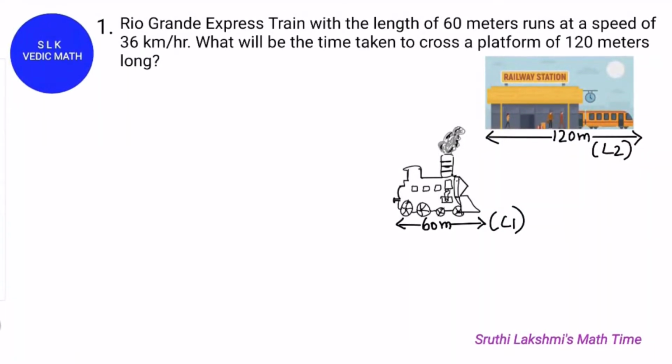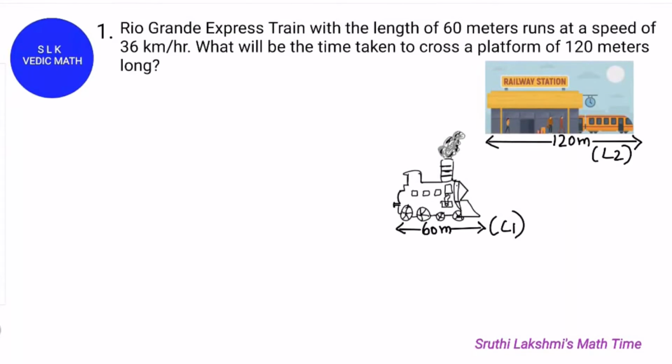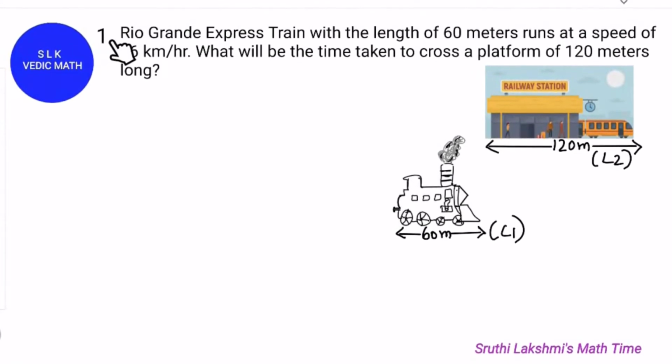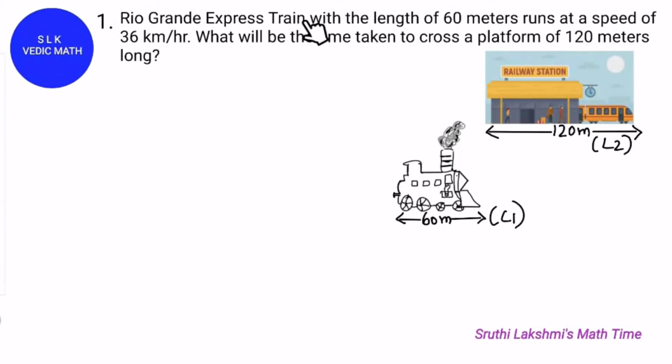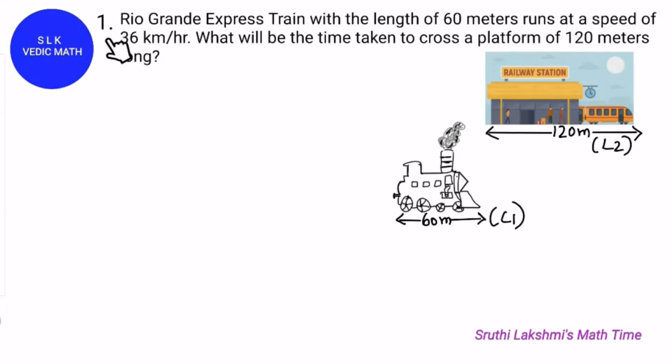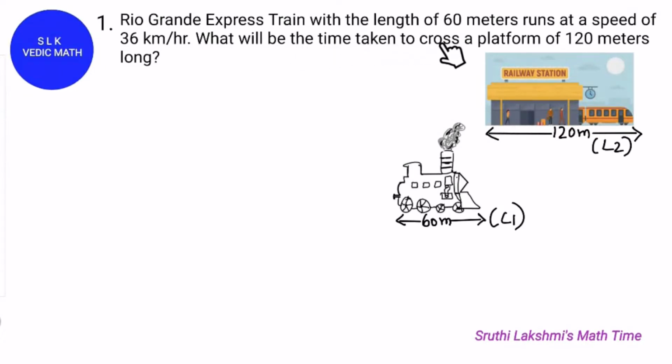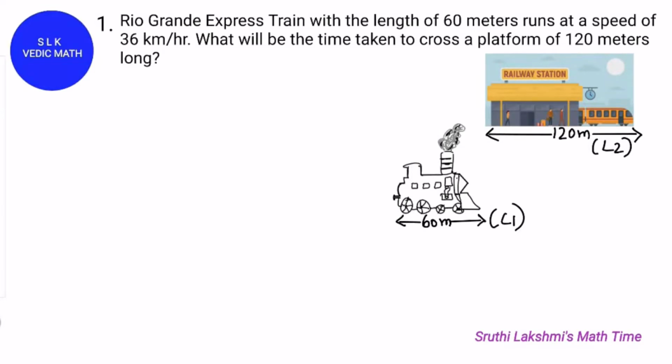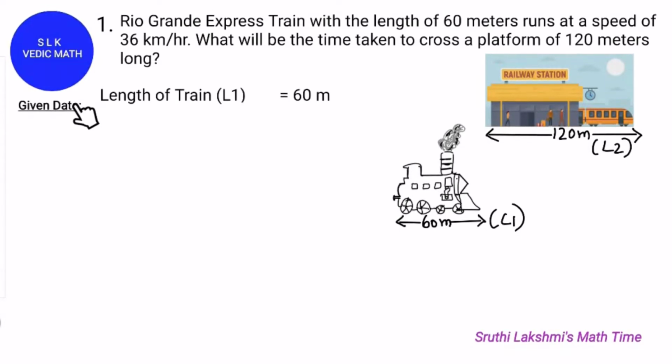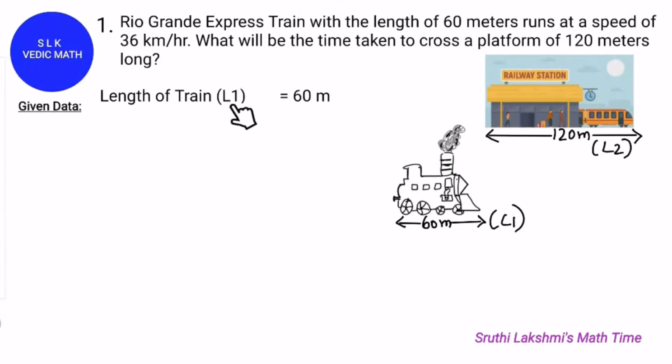Let's see a few problems for easy understanding. Problem 1. Rio Grande Express train with a length of 60 meters runs at a speed of 36 km per hour. What will be the time taken to cross a platform of 120 meters long? First, list the given data. The length of the train is considered as L1, which is 60 meters.